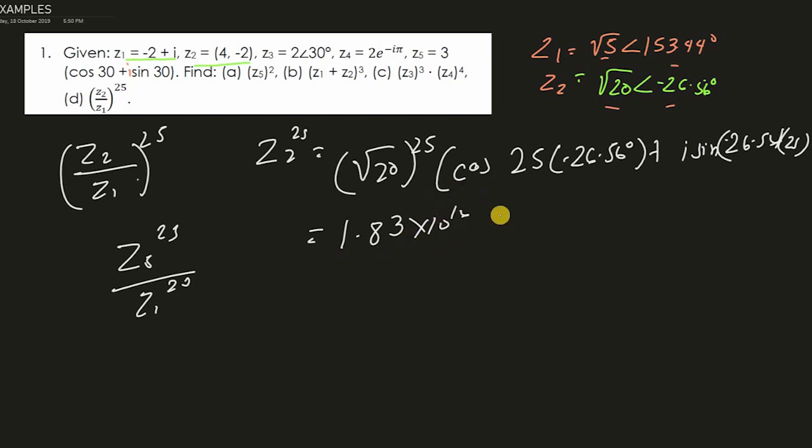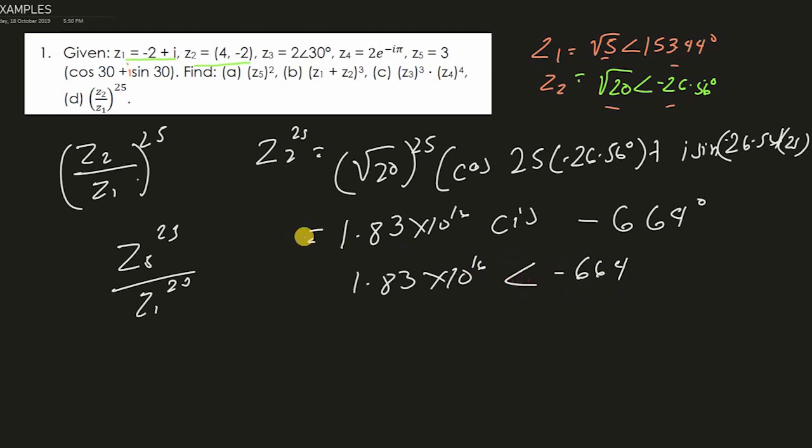Times CIS ko na lang yan. 25 times negative 26.56 at ang value ko ay negative 664 degrees. So, writing that in polar form, I can write that as 1.83 times 10 raised to 16 angle negative 664.